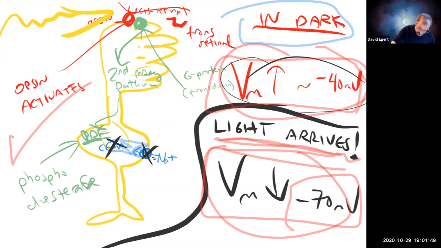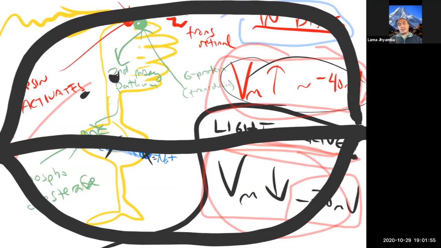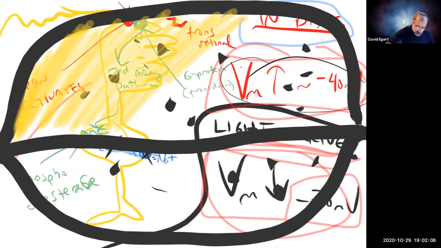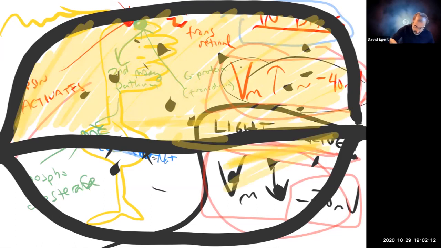Cool. Right, and here, let me see if I can do this. So once the Vm goes down, at the neurotransmitter level, will there be a release of the glutamate? The glutamate will slow down in response to the light.